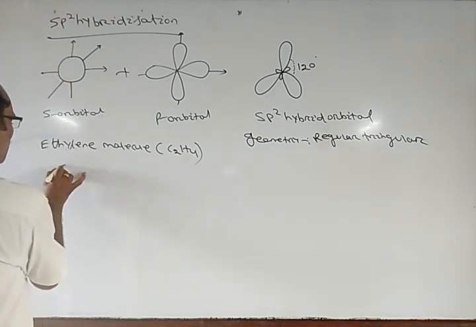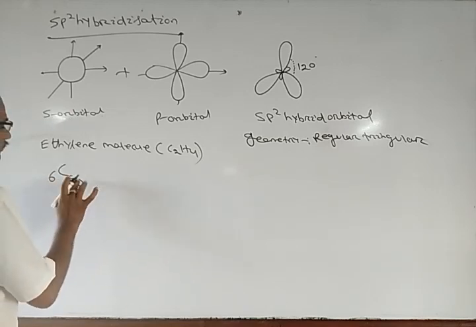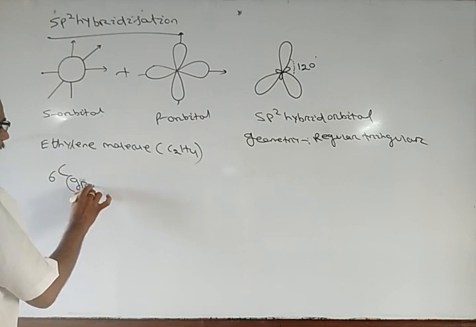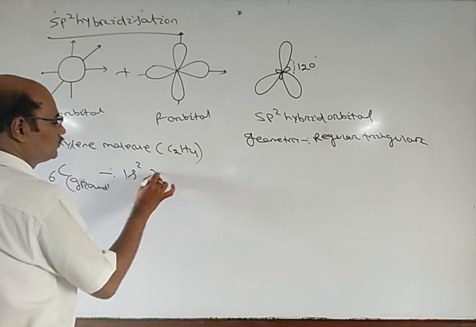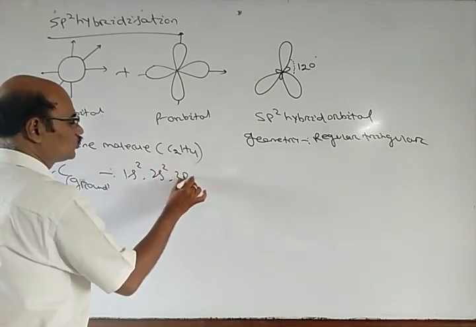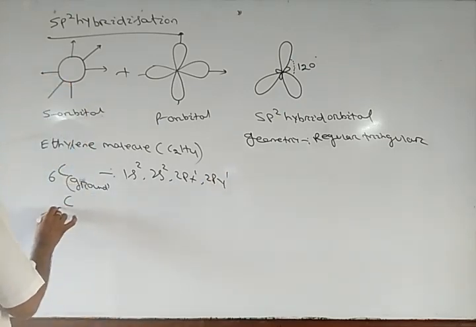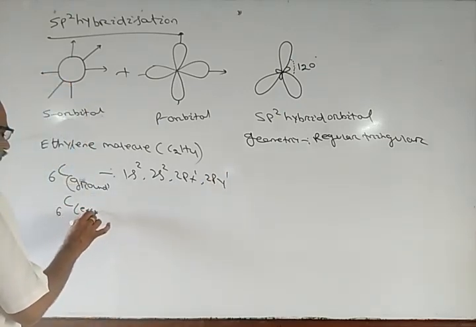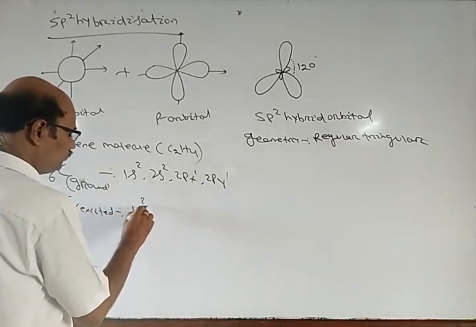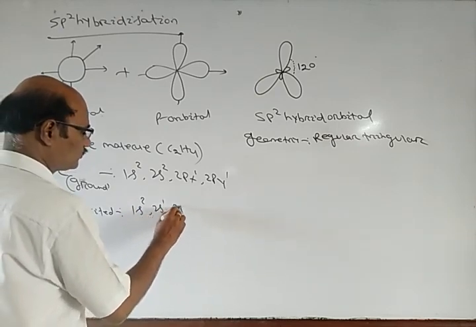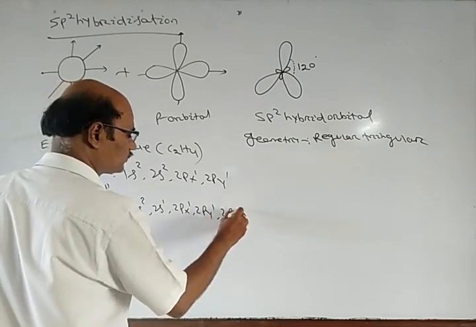First of all, take this carbon, 6, ground state: 1s2, 2s2, 2px1, 2py1. Carbon 6 excited: 1s2, 2s1, 2px1, 2py1, 2pz1.